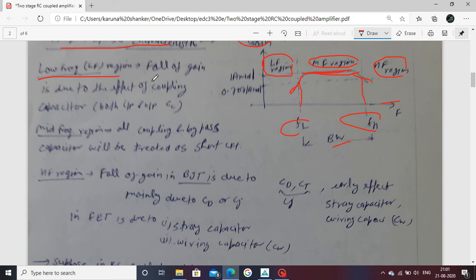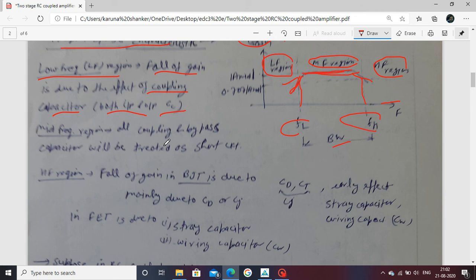In the lower frequency region, the fall of gain is due to the coupling capacitor and bypass capacitor. Let me repeat this point: the fall of gain in the lower frequency region is due to the effect of the coupling capacitors on the input and output side.